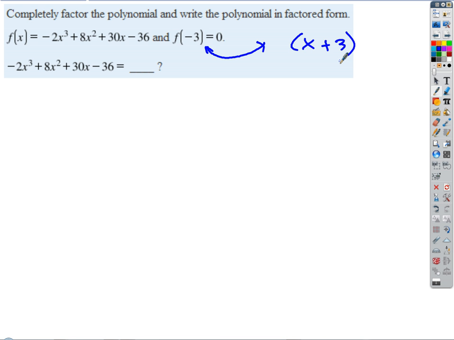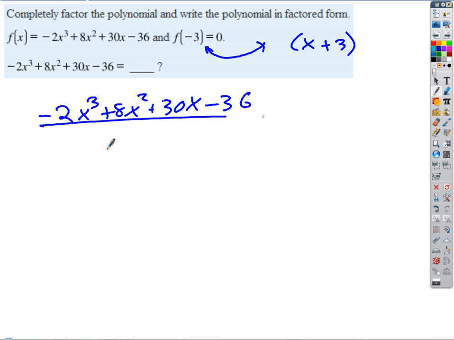So then I know at this point that -2x cubed plus 8x squared plus 30x minus 36 divided by x plus 3, well, it doesn't equal 0, but I know that that's going to divide evenly, isn't it? Okay, so synthetically, I ought to be able to do something with that.